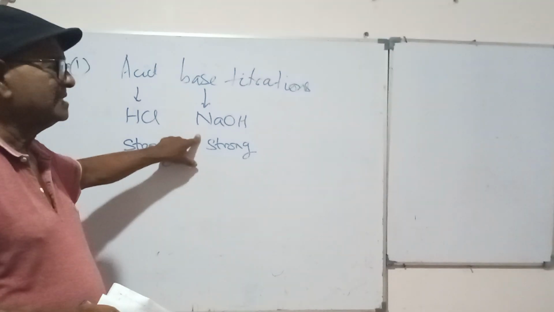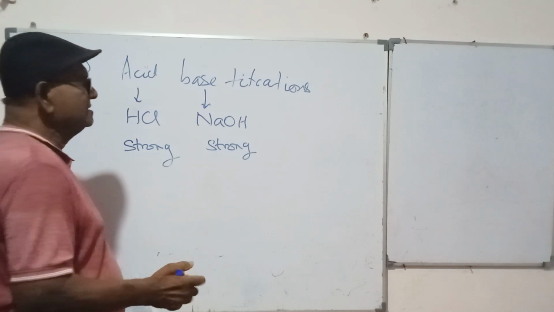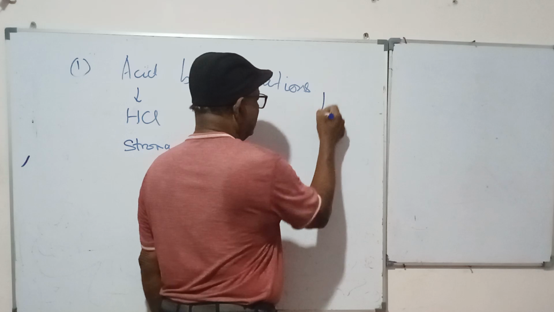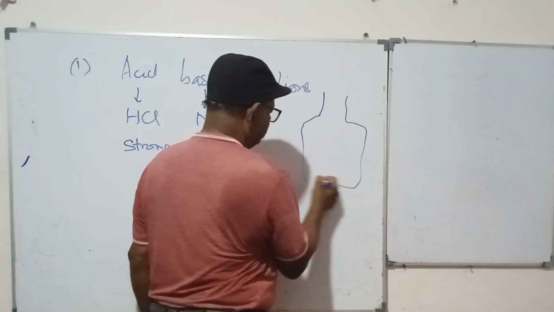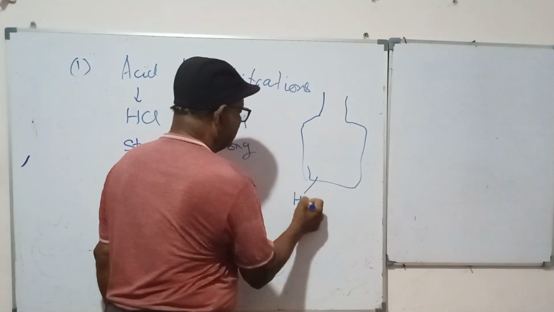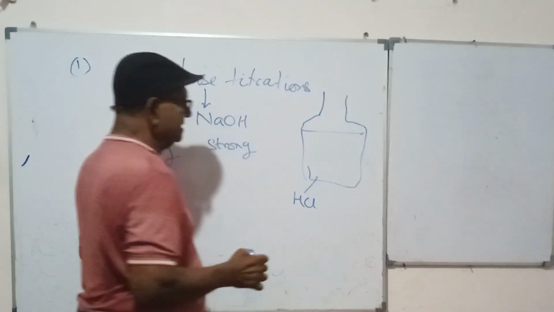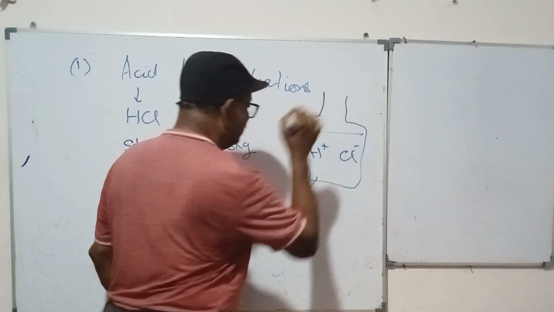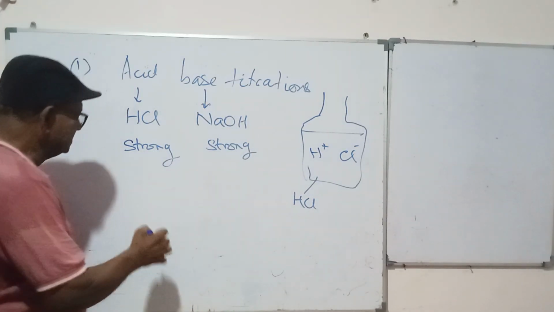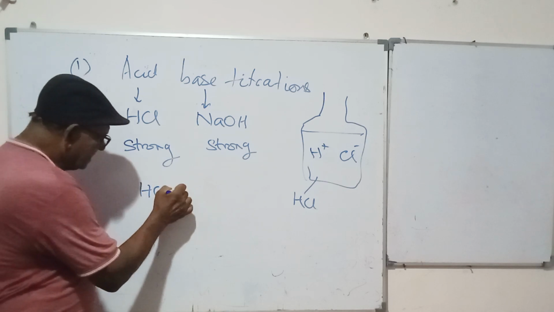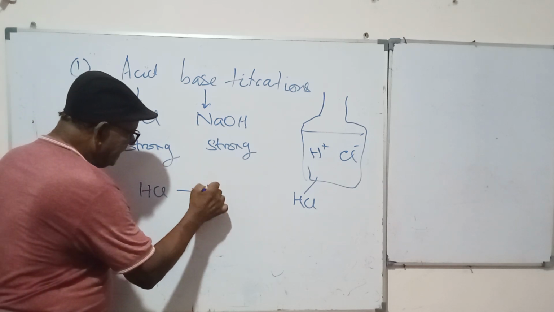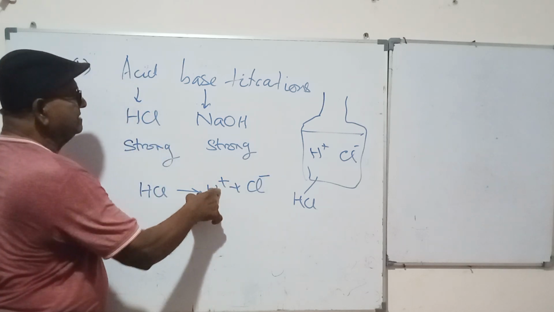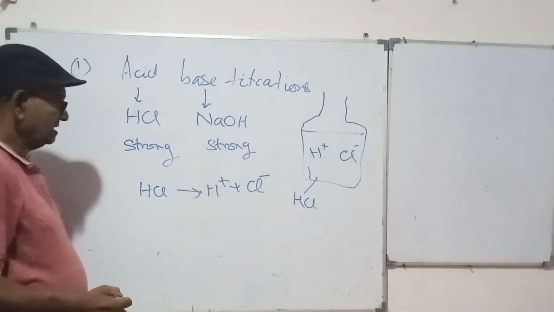Why are they explained as strong? That means if we take a bottle of HCl, this bottle contains H plus and Cl minus ions only, because HCl undergoes ionization giving H plus ions and Cl minus ions.